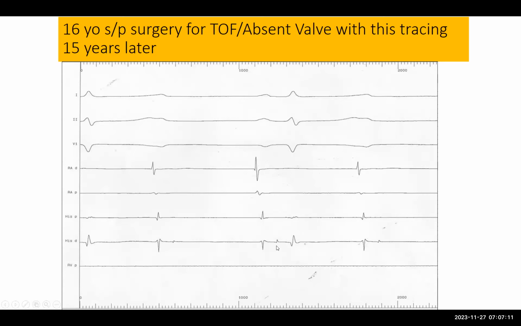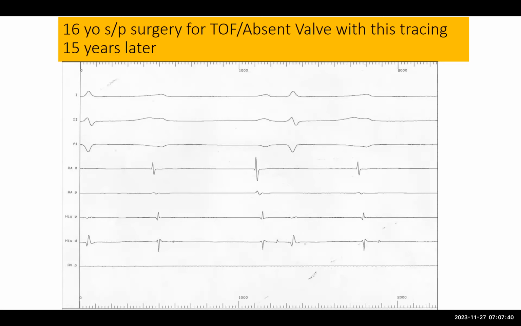The other thing that gives it away is, what is the normal AH interval and the normal HV interval in most people? I think the normal AH is about 100? Well, it's between 55 and 120, so it's a pretty wide range.